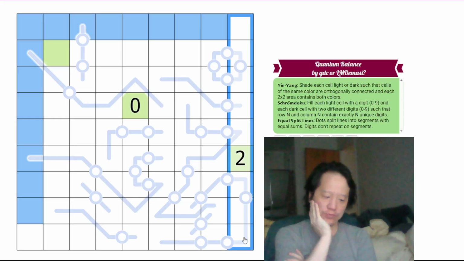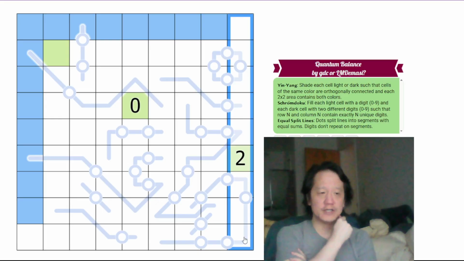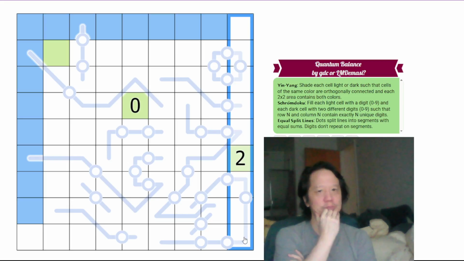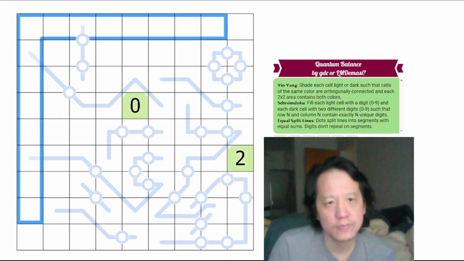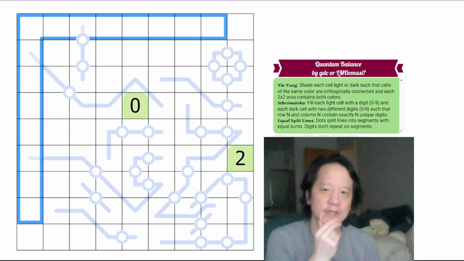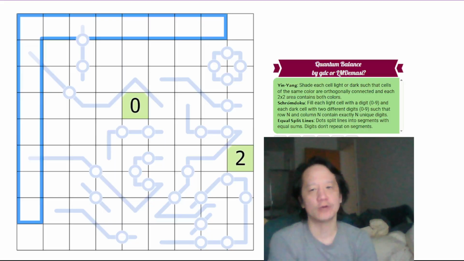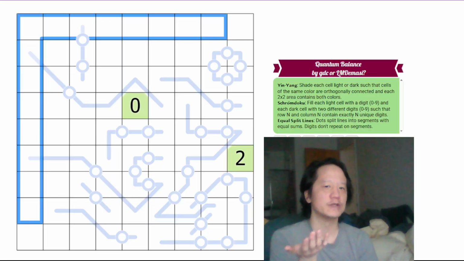But that means the 10th one, there doesn't have to be a 10th one, but if there is a 10th one, it has to be duplicated. That's funky. Right, because you don't have to have the digits 0 through 9 appear at least once each in every row and column. Since we don't have that constraint, we can just basically leave some out.